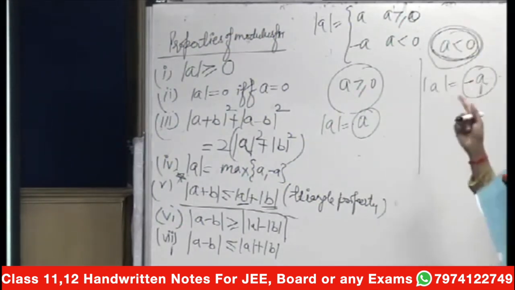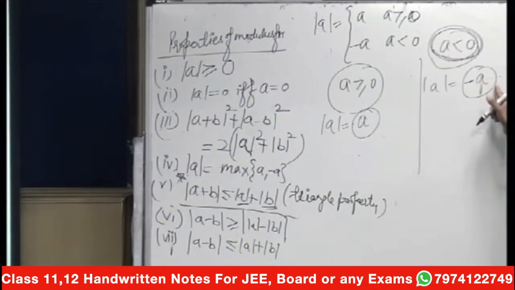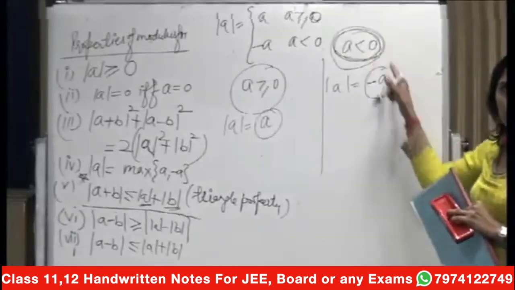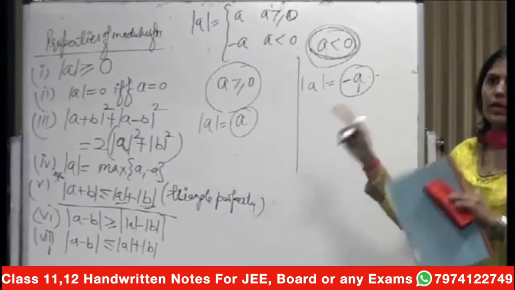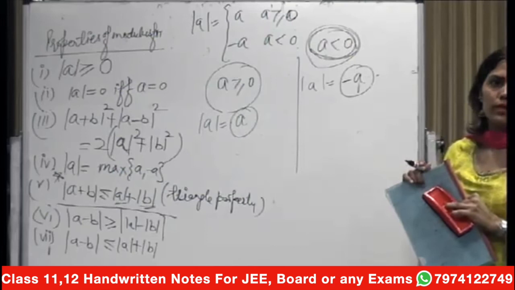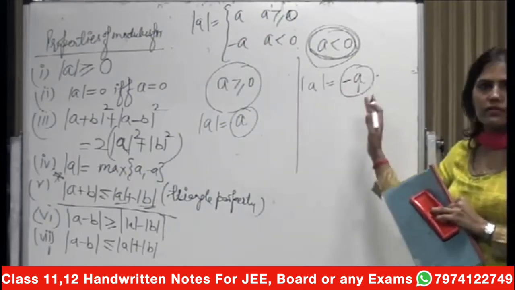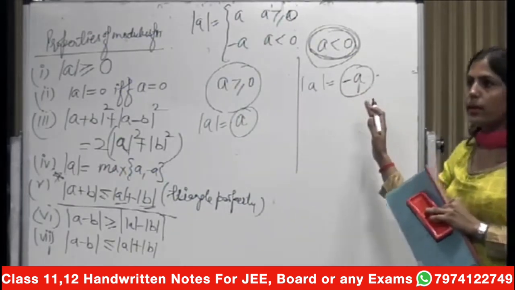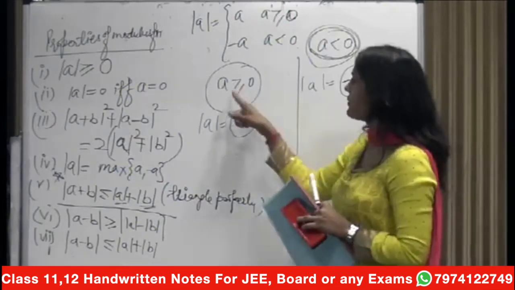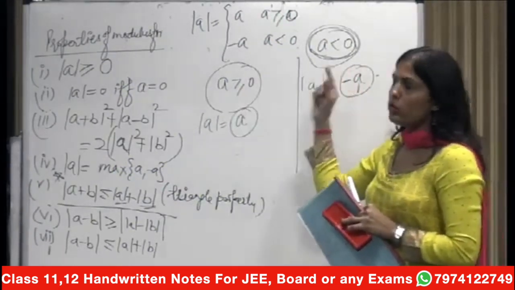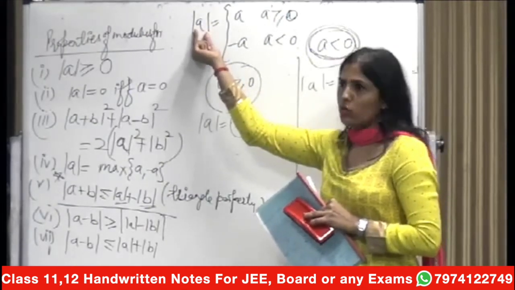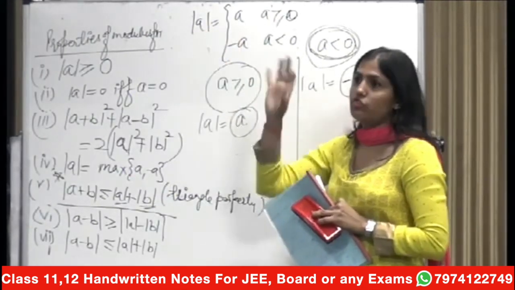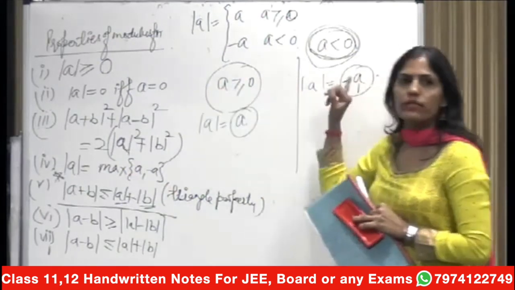A is already negative, so minus a will be positive. This a is less than 0, but minus a will be positive, so it is the maximum of a and minus a. It will always be the maximum value. Is it fine? Both cases we have considered separately. In mod functions, you will always get two conditions. You will check whether this number is positive or negative, and accordingly you will check both cases.